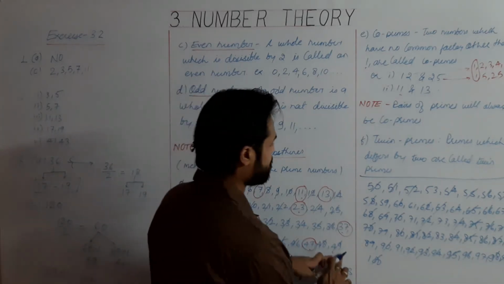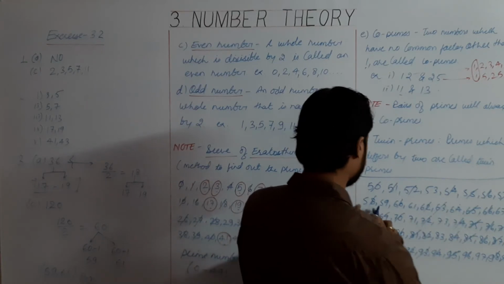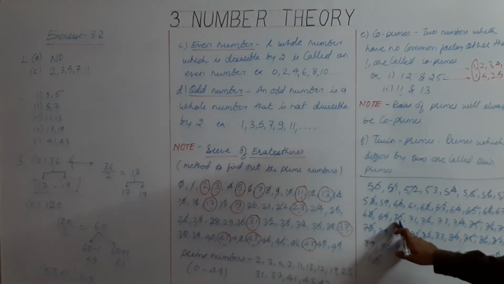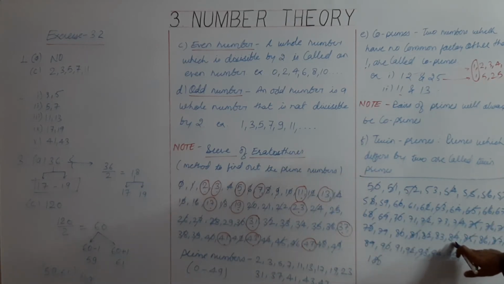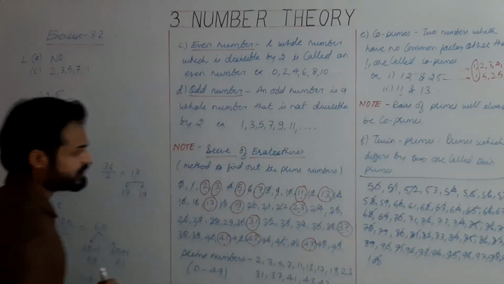Next, 7. After 49, multiples of 7: 56, 63, 70, 77, 84, 91, and 98. Then the next number is 11.